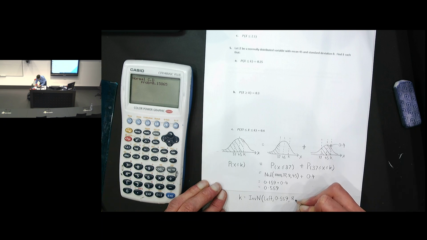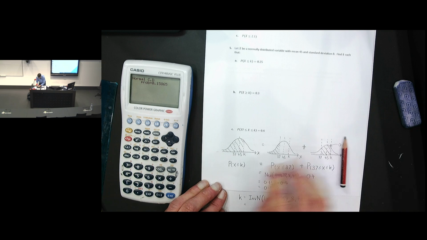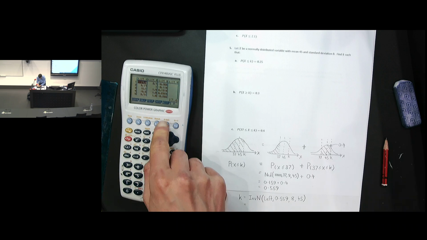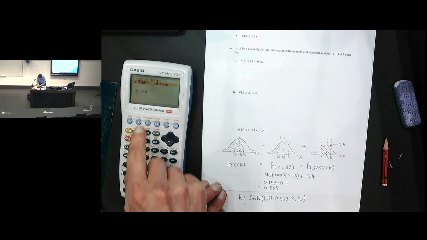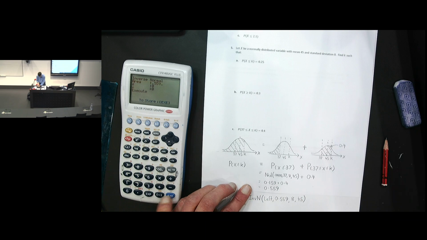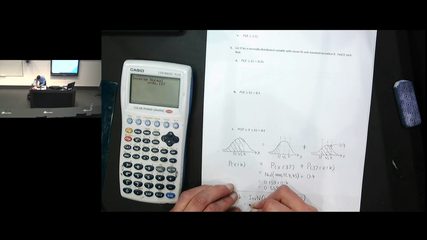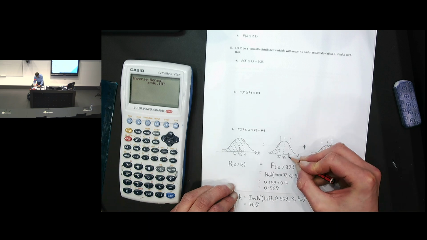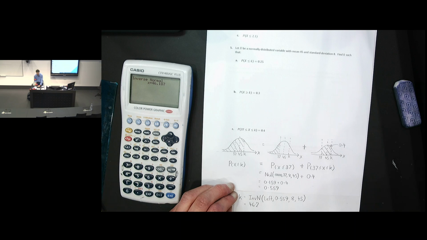Standard deviation is 8, the mean is 45. So what does that give us? Apparently that k is 46.2. So that k there is 46.2.